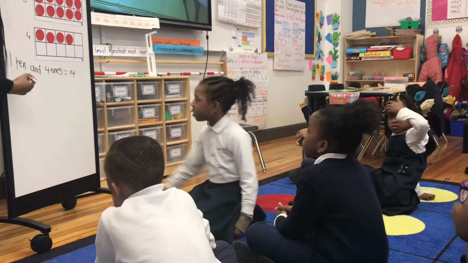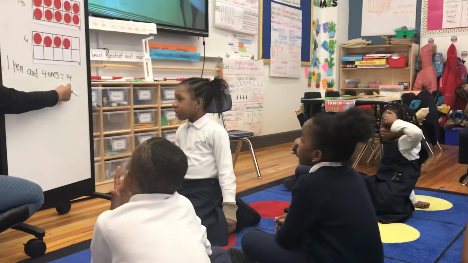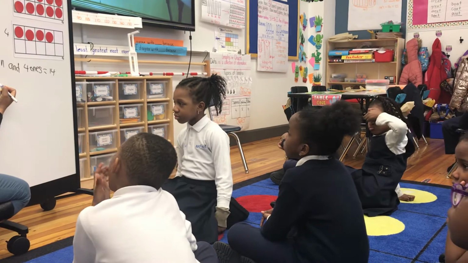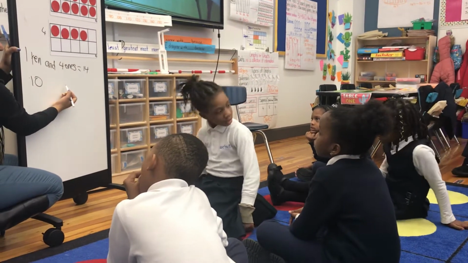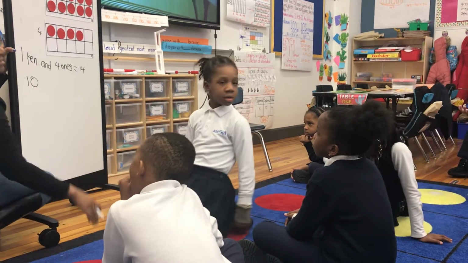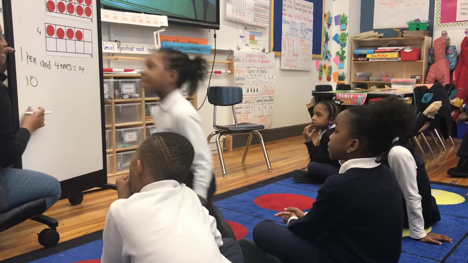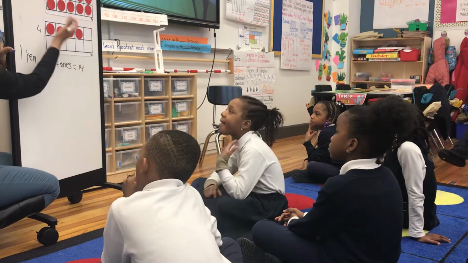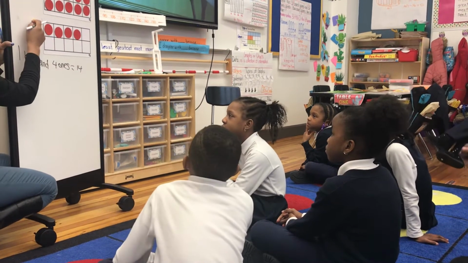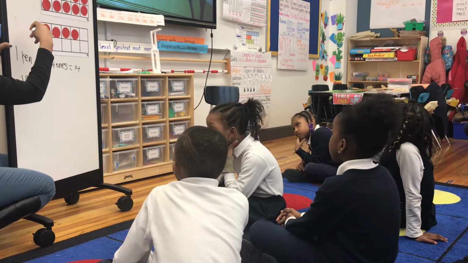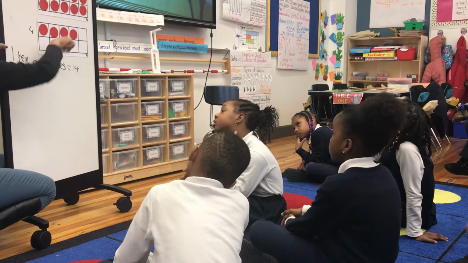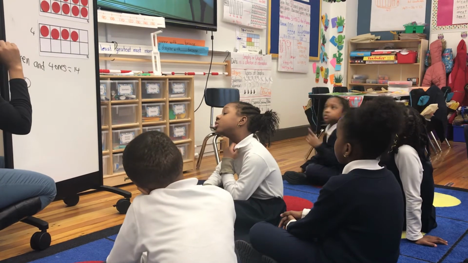So I'm a little lost here now. You said 14, a 10 and a 4, 14, and if I put the other 10, I want this to make sense with the total you're saying. What number is this? What number do you see? 14. No, what number is this? 24.